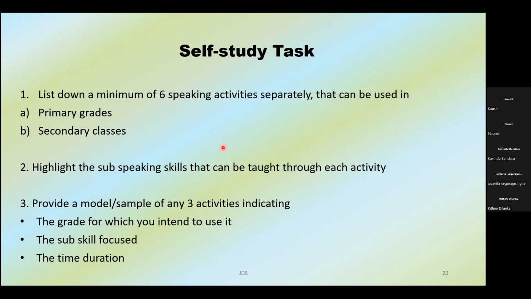You have to write the activity first, write these first, and then underneath explain the activity. Got it? Storytelling means you have to mention the fable, indicate the class and the sub-skills involved in storytelling, and maybe the duration of the story, 3 minutes, 4 minutes, like that.